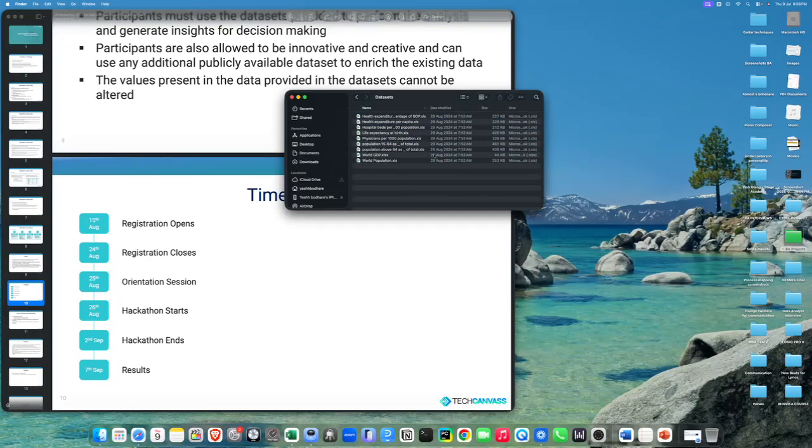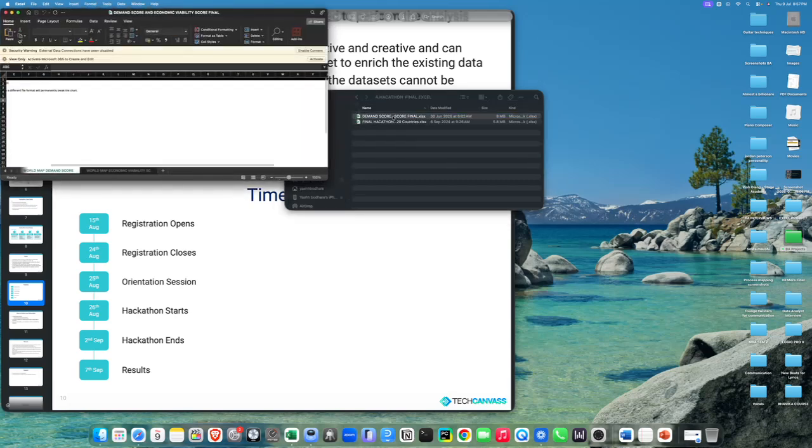These are all the data sets which the Techcanvass team has given us for the analysis for Global MedHealth. We will slowly move to how we inserted the CSV files, the raw data sets which were already given to us, and how we continued with our Excel presentation.